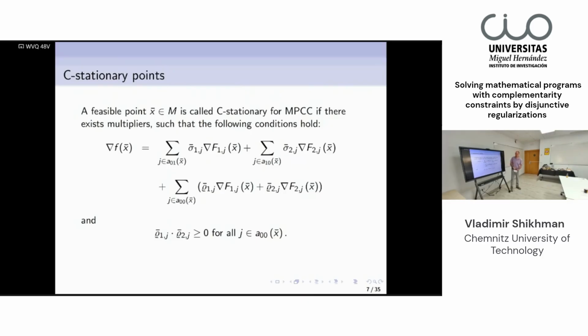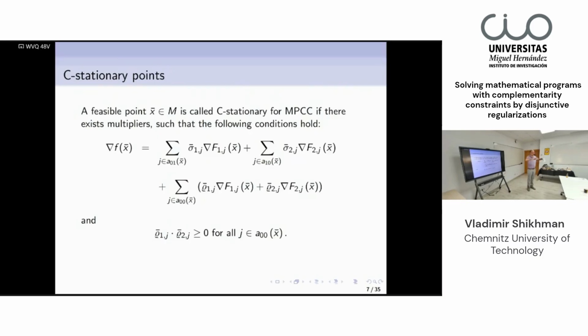What's topologically relevant here is that both Lagrange multipliers must be of the same sign, plus plus or minus minus. We shall see examples why. So plus minus and minus plus are not critical.